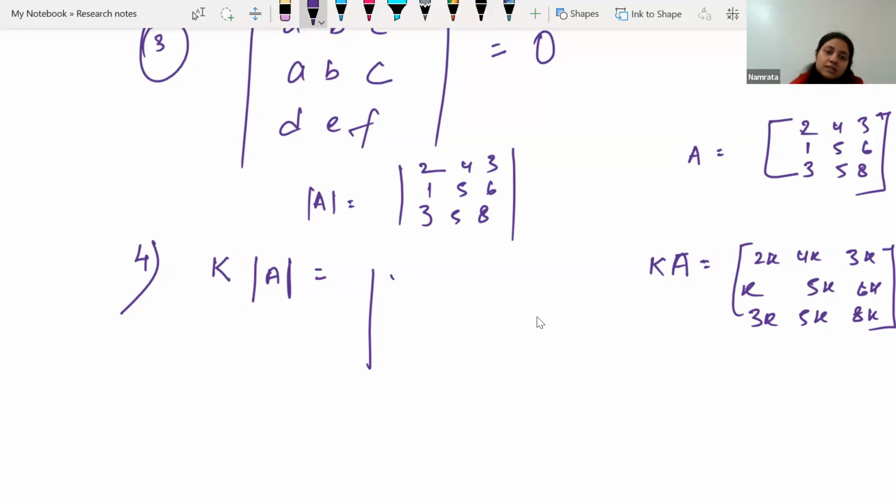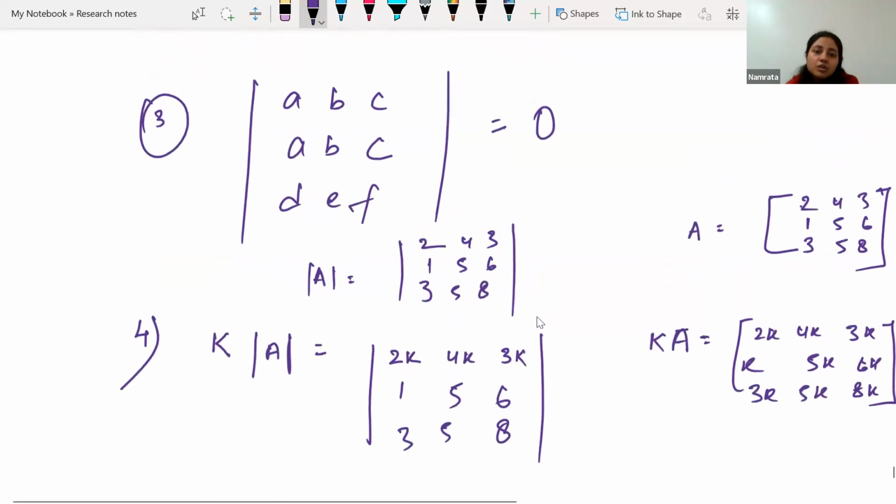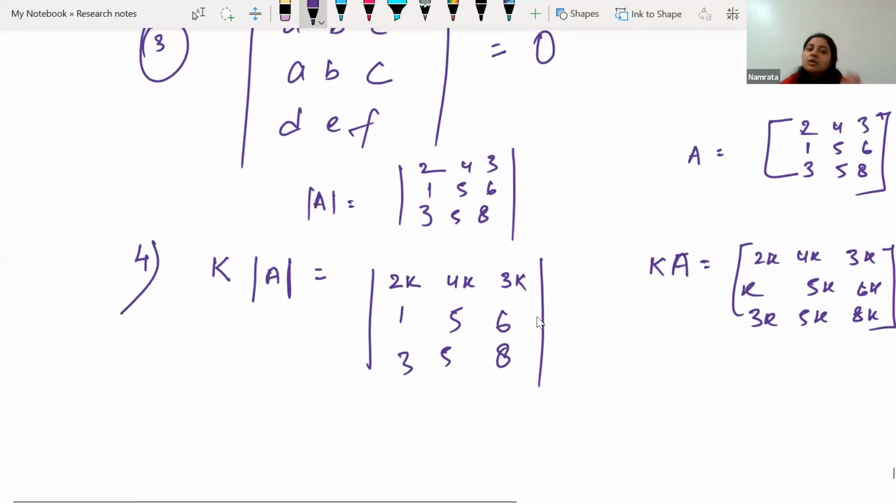So we can only multiply it like 2k, 4k, 3k, 1, 5, 6, 3, 5, 8. This is the meaning of k into the determinant. We will not multiply with each and every element from all the rows and all the columns. Okay. So that's the difference between the matrix and the determinant.